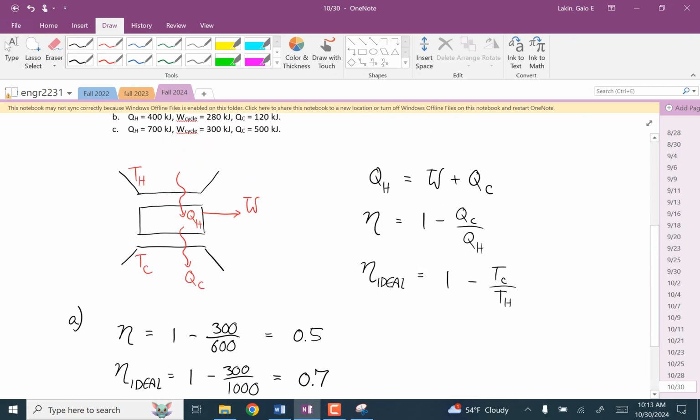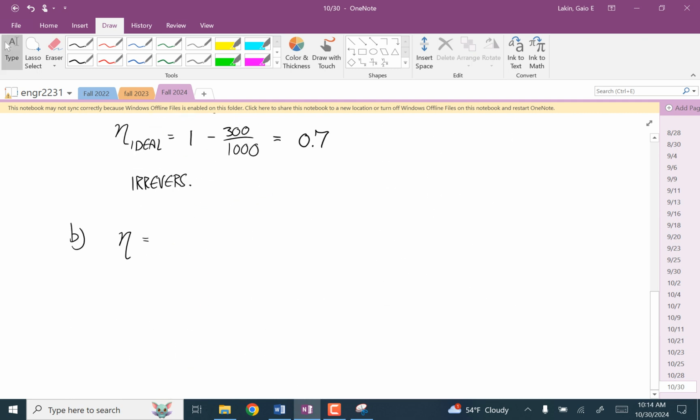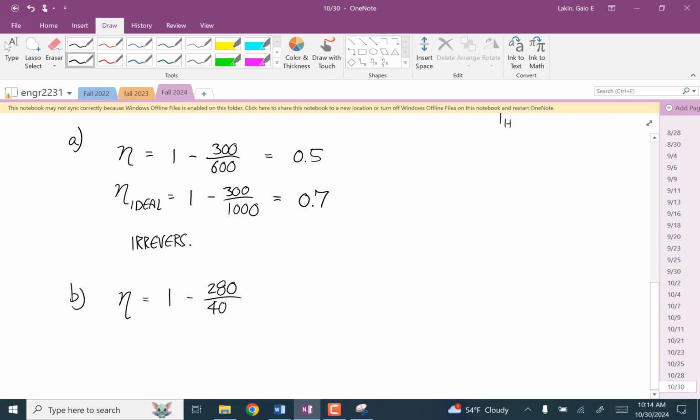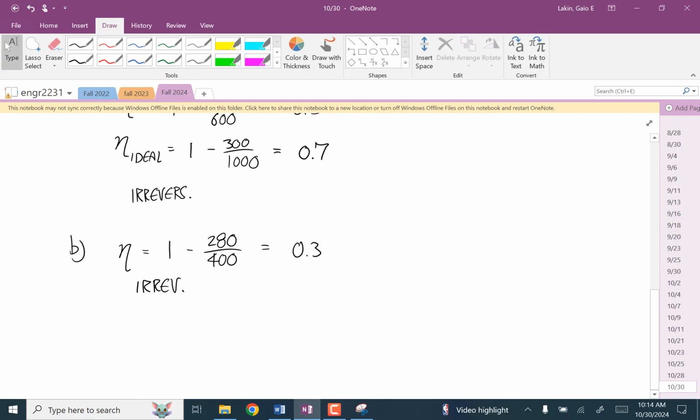So for part B, eta is equal to 1 minus 280 over 400, so that's 0.3. Again, that's irreversible. Oh, no, it's 0.7, 1 minus.